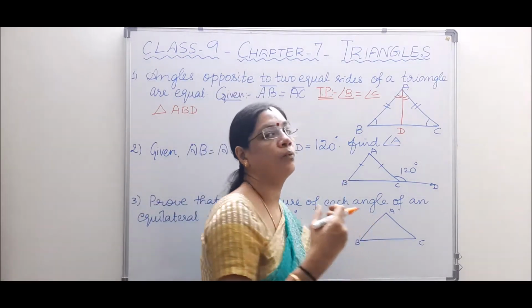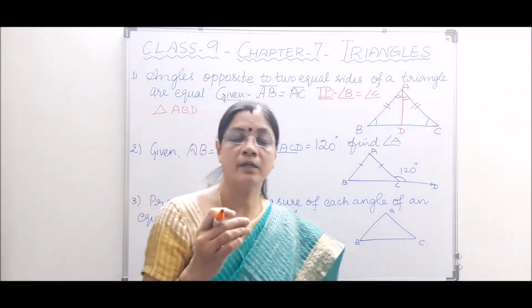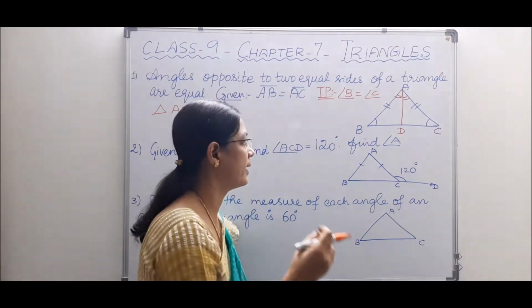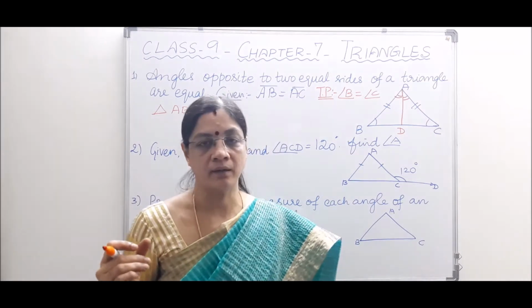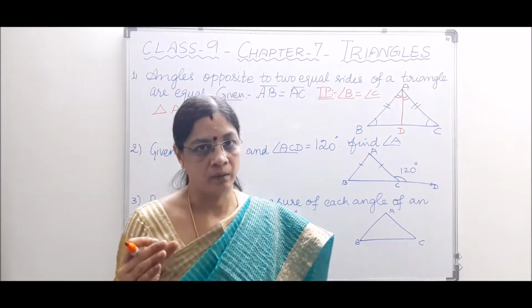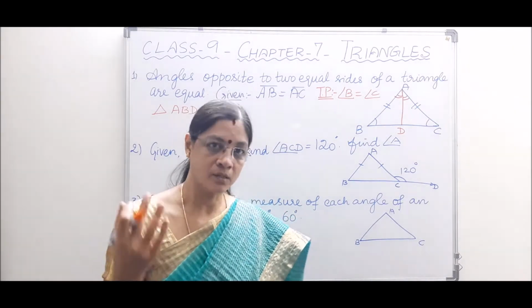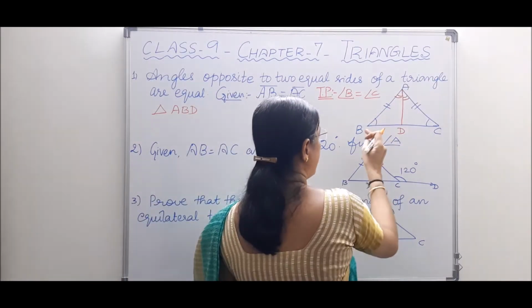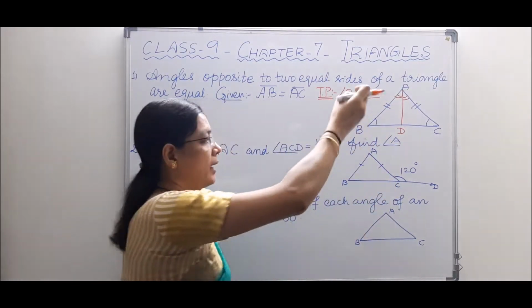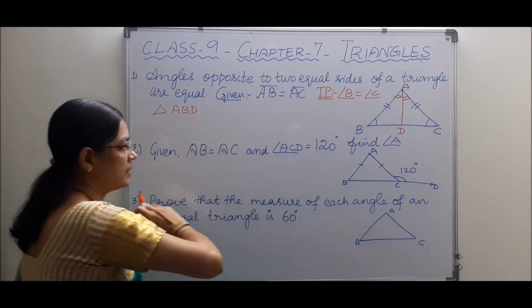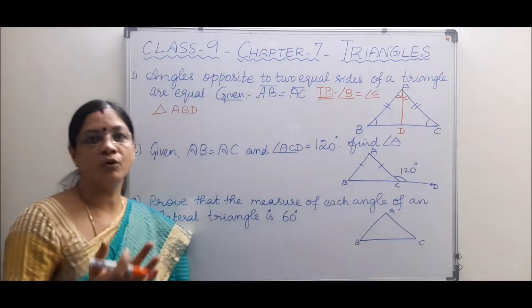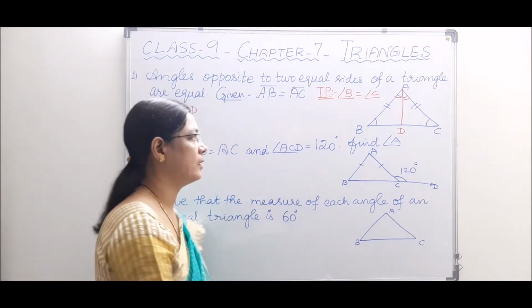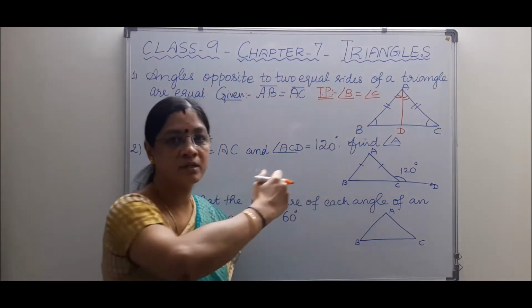Whenever we say two triangles which are going to be compared according to the congruency criterion, the naming is very, very important. The order you name the triangle is very important. I've named ABD. The next triangle is ACD, in the same order by which we have named the first triangle.